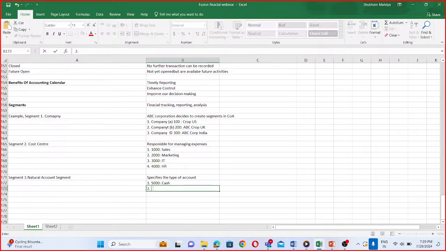Second, whether it is accounts receivable, whether it is a revenue account, or whether it is salaries expense.